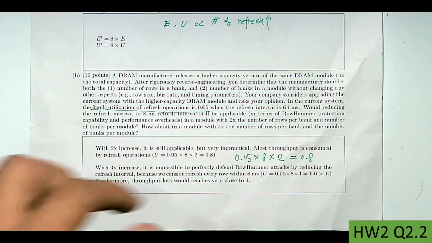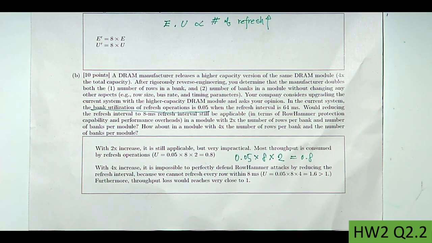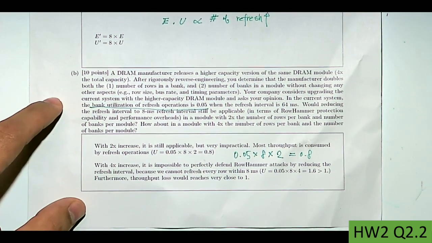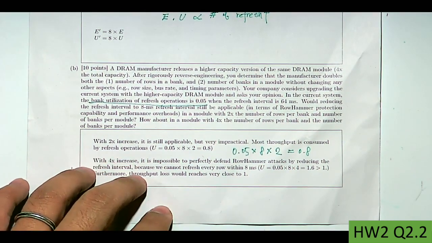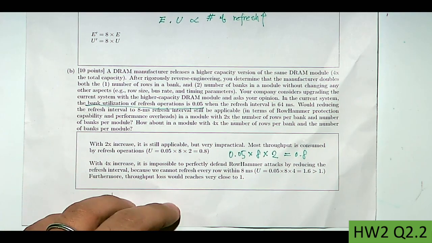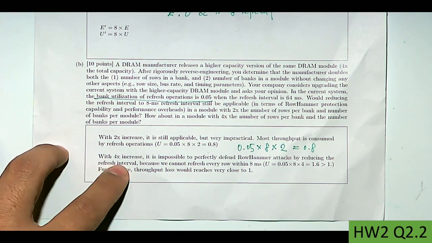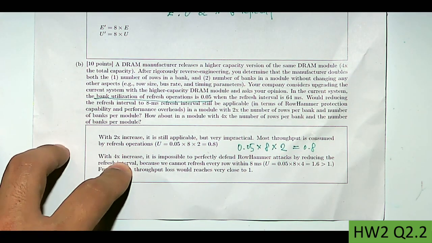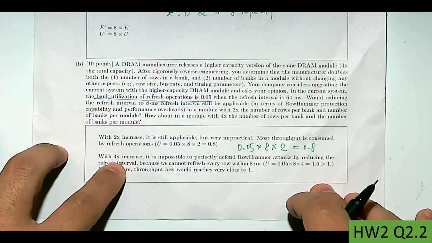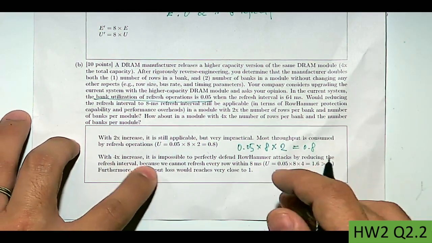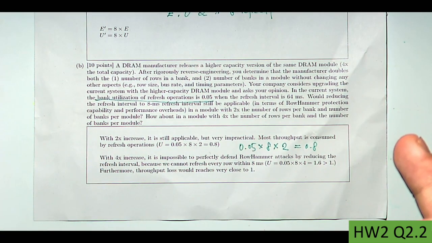So in terms of RowHammer protection, because we can refresh every row within every 8 milliseconds, we can protect against RowHammer attacks. But it is quite impractical because most of the bank utilization is consumed by refresh. And if the number of rows and number of banks increase 4x, it is impossible to protect.